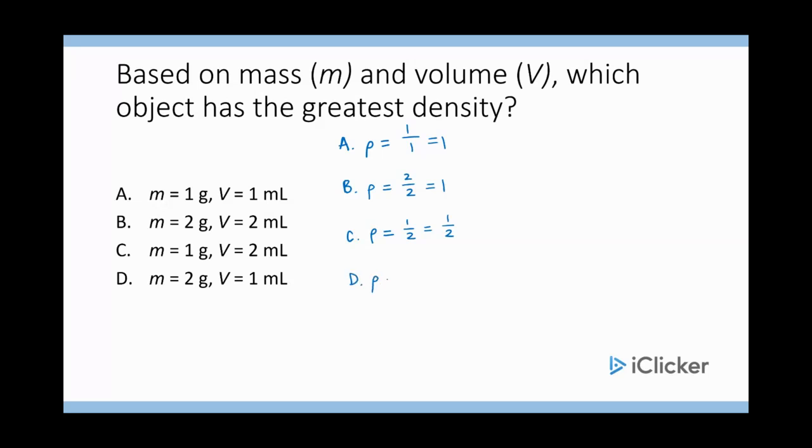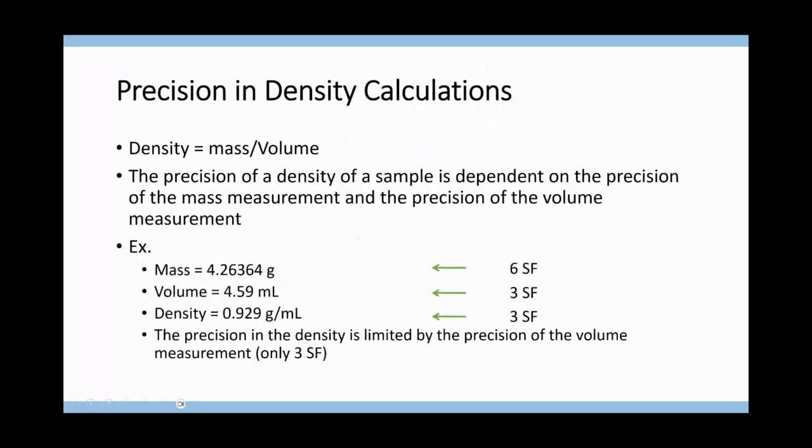And then in D, density equals 2 over 1, which is equal to 2 grams per milliliter. So all 4 of these samples have different densities, and the highest density is option D, where we have 2 over 1. Grams per milliliter.